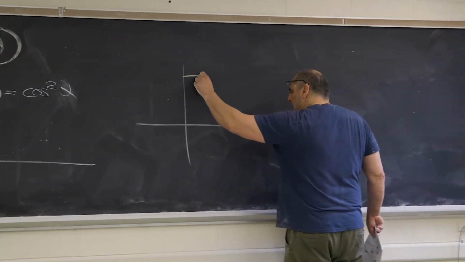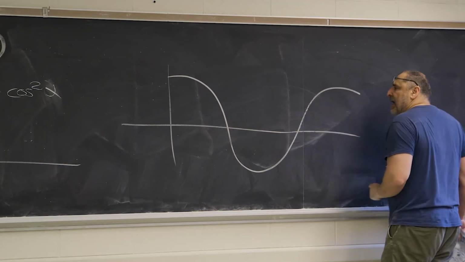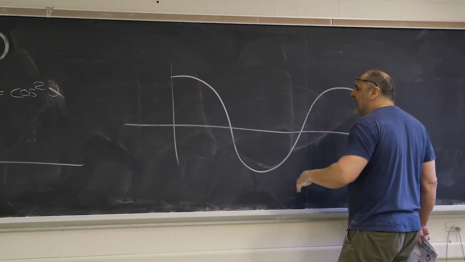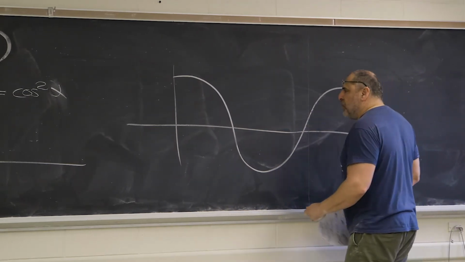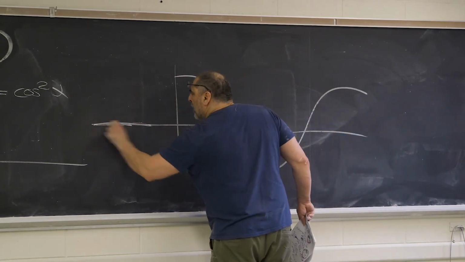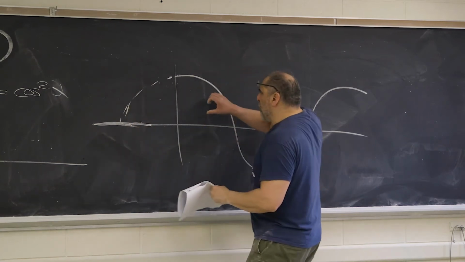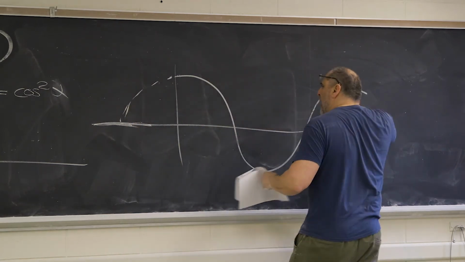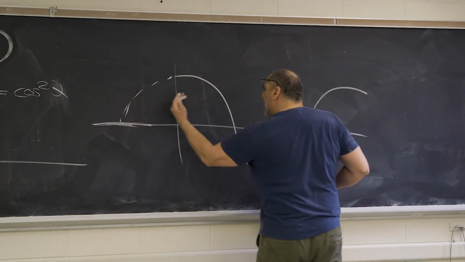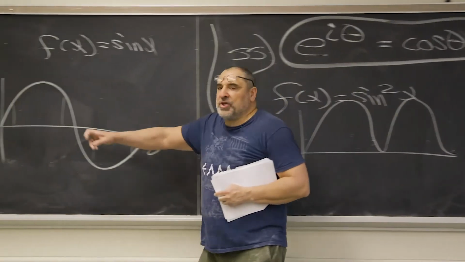You got this, you got this, you got that. That looks a whole lot like the sine function. If you were to pick this side up and go over to the right, this guy would slide over. It looked just like this guy.